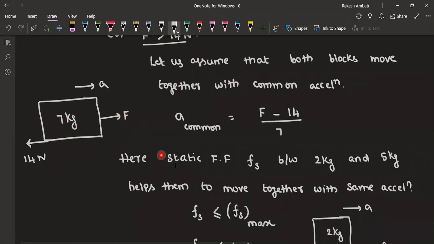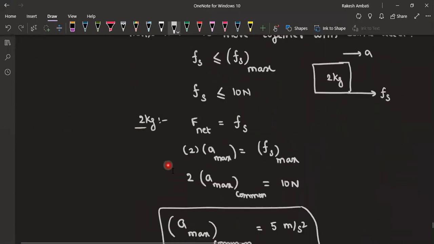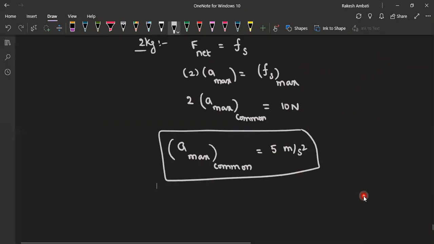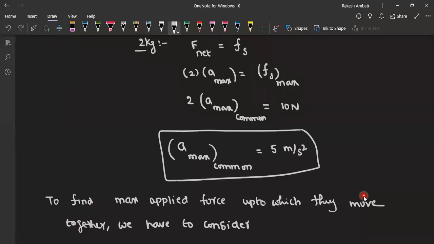To find this maximum applied force, which acceleration do we have to consider? The maximum common acceleration.